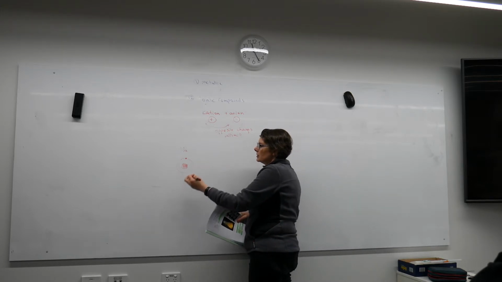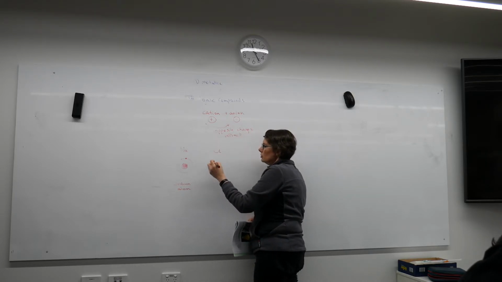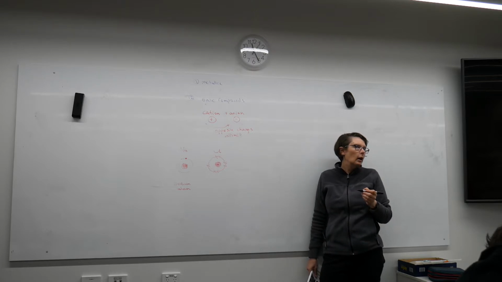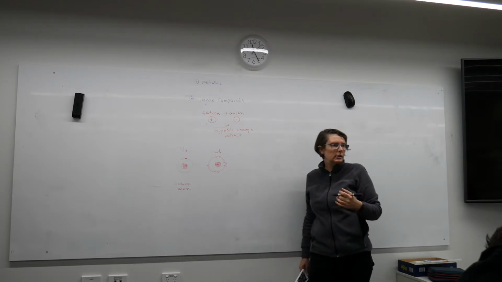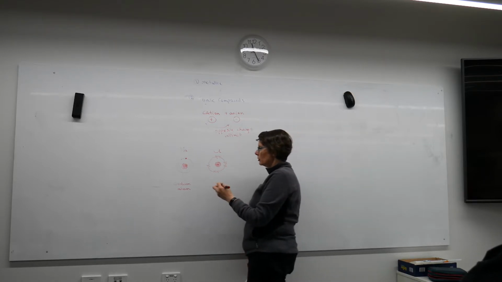So this is then a sodium atom, and if I have a chlorine atom, what's the valency of a chlorine atom? 1. Because valency is how many bonds you can form, not how many valence electrons you have.